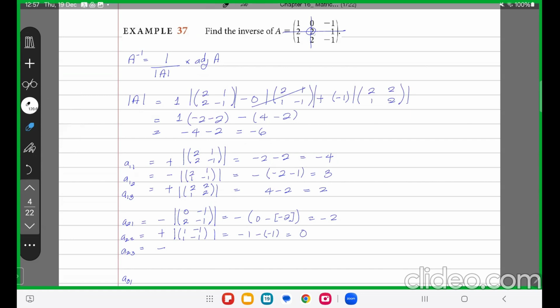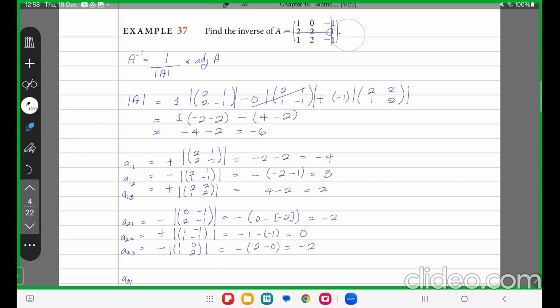Third element, second row, 1, 1, 0, 2. Minus 2, minus 0, minus 2.